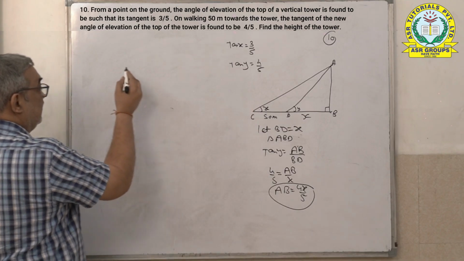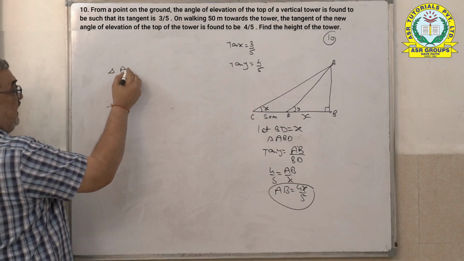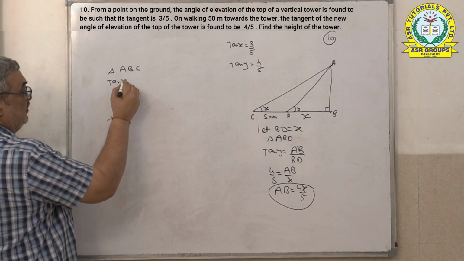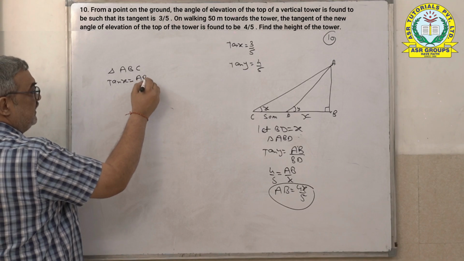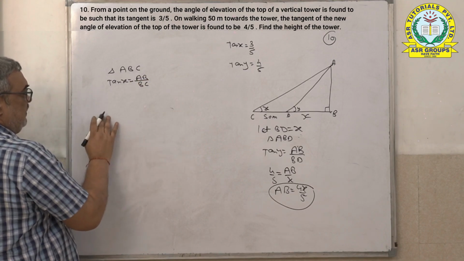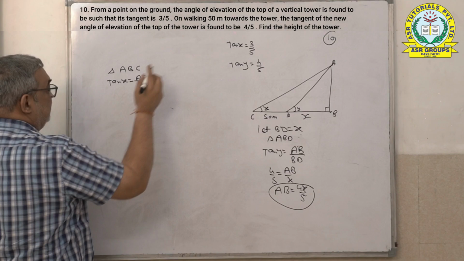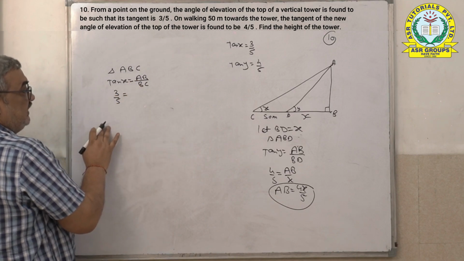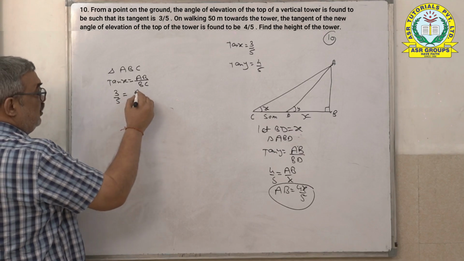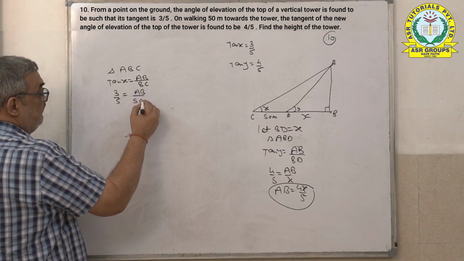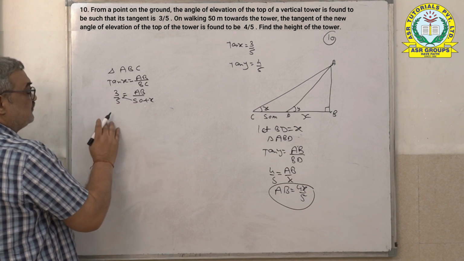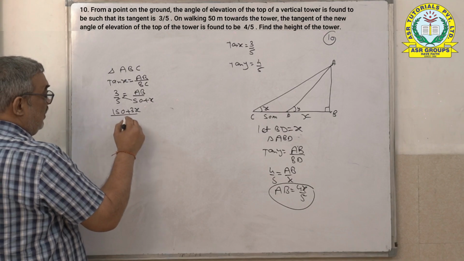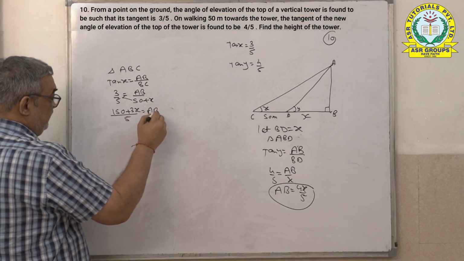Now, we'll take the other triangle ABC. Tan X equal to AB upon BC. Tan X is given 3 upon 5. AB, I don't know. BC is 50 plus X. Cross multiply. 150 plus 3X upon 5 equal to AB.